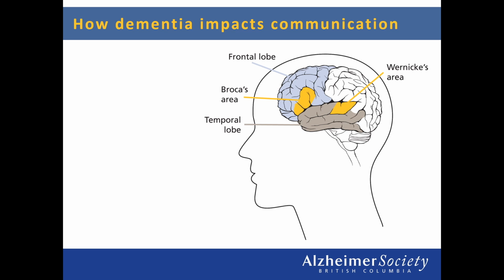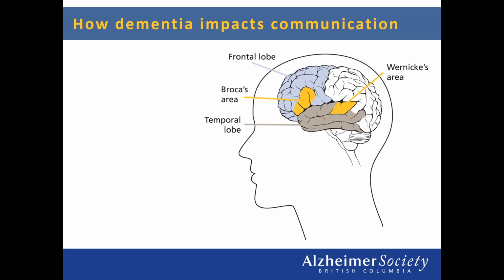First, information from sound goes through the ears to the primary auditory area, located on both sides of the brain in the temporal lobes, slightly above each ear. The information then flows to Wernicke's area, which is the language comprehension center of the brain, located on the left side of the brain.